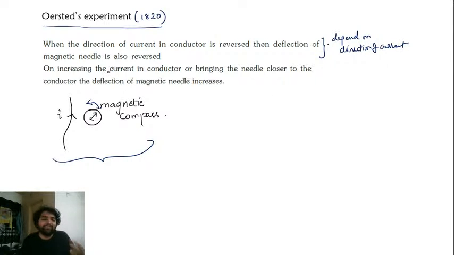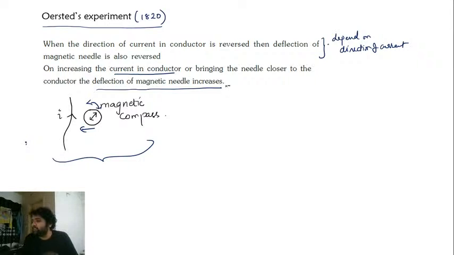And one more thing: on increasing the current in the conductor, he observed that the needle deflection increased. If the current in the wire is increased, or if the needle is brought closer to the conductor, the deflection in the magnetic needle increases.